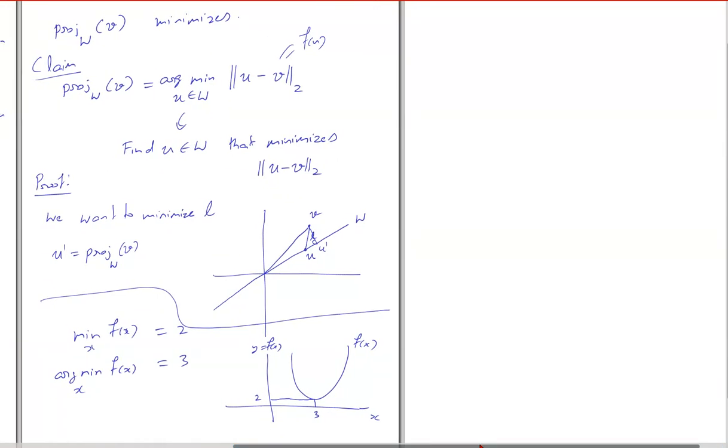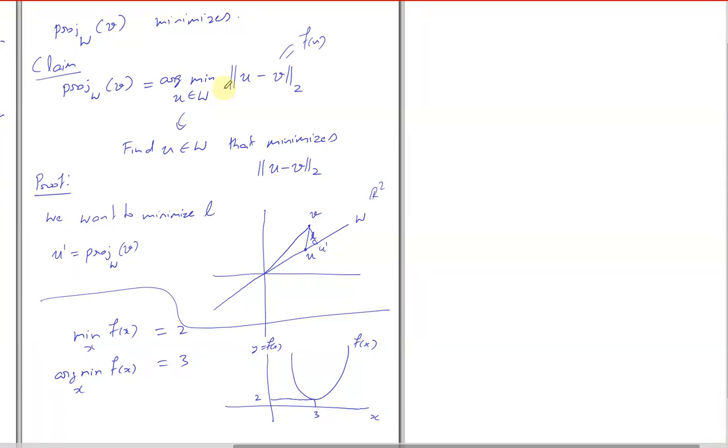So I hope argmin is clear. Is this intuitive proof clear, at least in R2, that the projection of v onto W is the one that minimizes this?